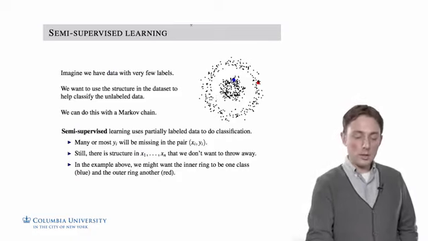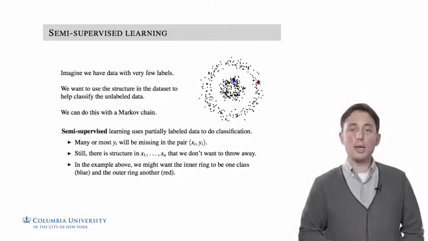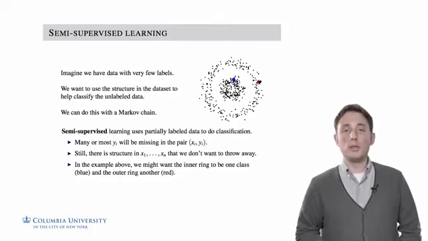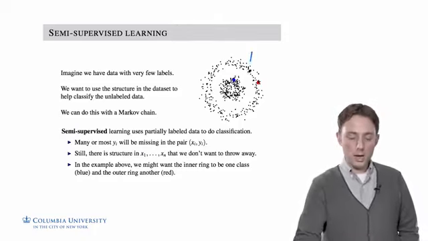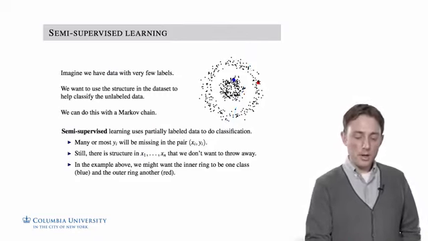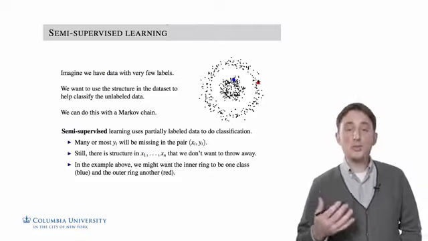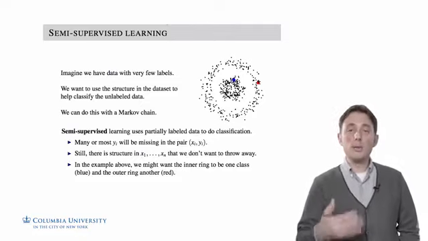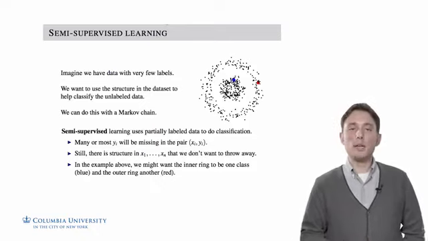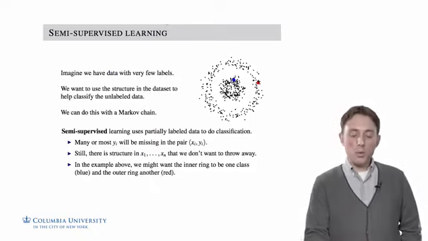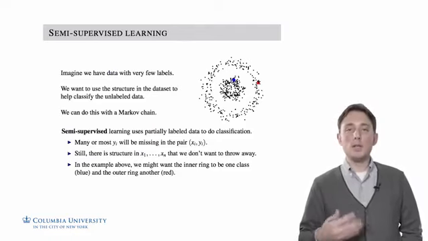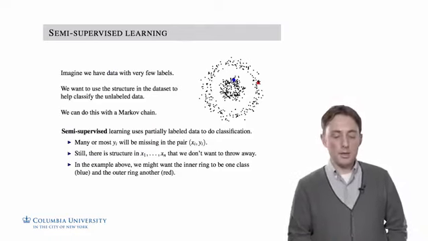So if we wanted to learn a linear classifier like we've been discussing in the first part of this course, we would simply have these 2 points to learn the model on, and so we would perhaps learn a classifier that looks like this. The idea behind semi-supervised learning is that we don't want to throw away the unlabeled data because that somehow gives us information about the structure of the data set.